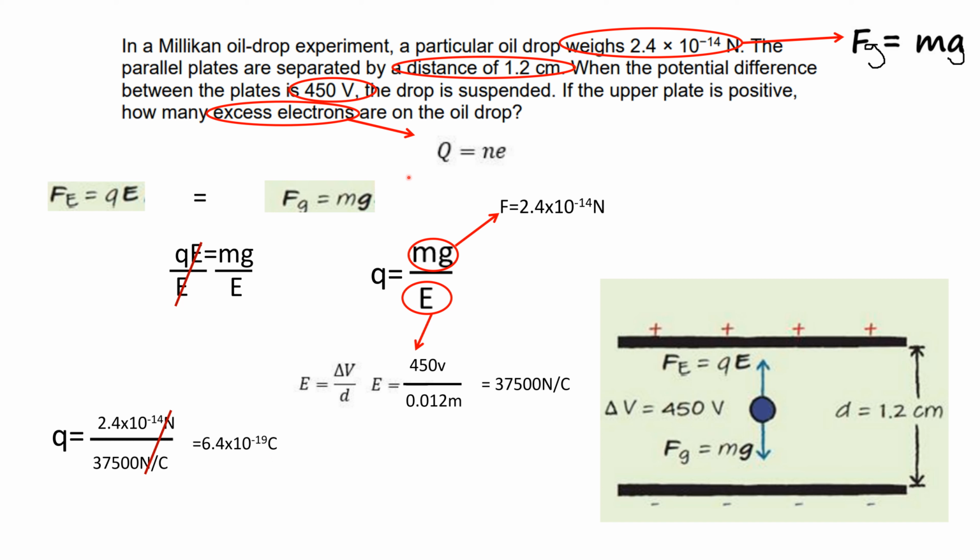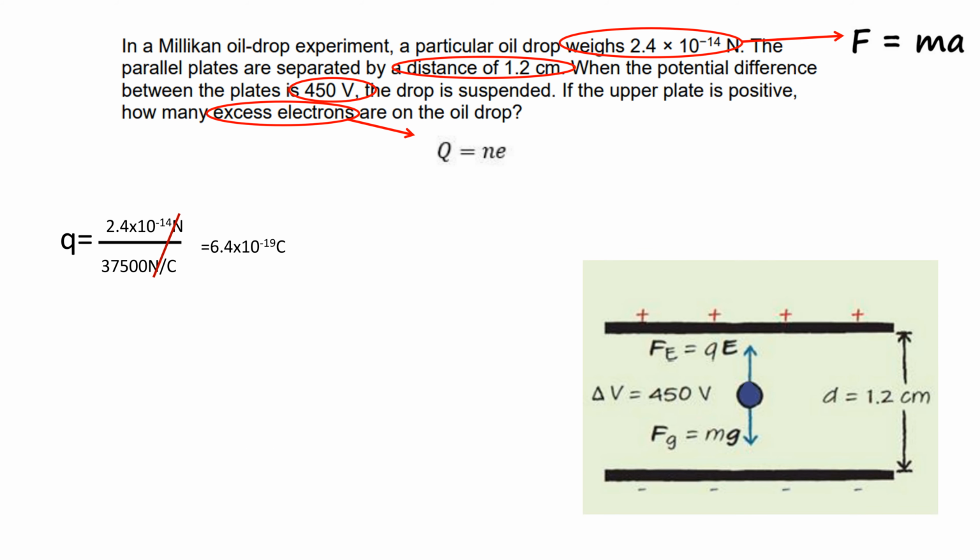And then we're going to find the excess electrons as we have the Q. Easy as this, we found the Q. So what we're going to do is rearrange this equation for the excess number of electrons, and then you will get 6.4 times 10 power of negative 19, which we got from here, divided by 1.602 times 10 power of negative 19, which is the constant.